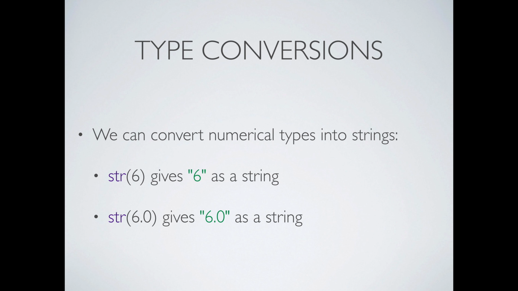So you str parentheses, and then inside the parentheses you put the number that you want to convert into a string. Alright, so for example, str parentheses 6 will give us a string with 6 in it. str parentheses 6.0, this is a floating point value, right, because of the 0.0. That will give us 6.0 as a string. It's pretty nifty.